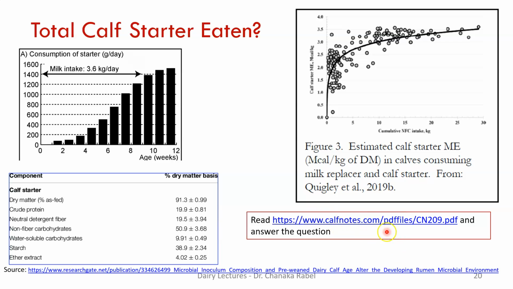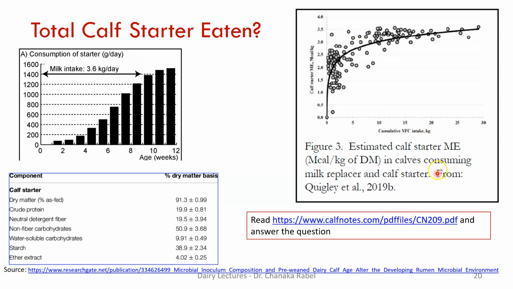And also refer to this. This is very important. They talk about something called NFC, which stands for non-fiber carbohydrates. Typically calf starter has about 50% non-fiber carbohydrates. They talk about a magic number, which is your goal.